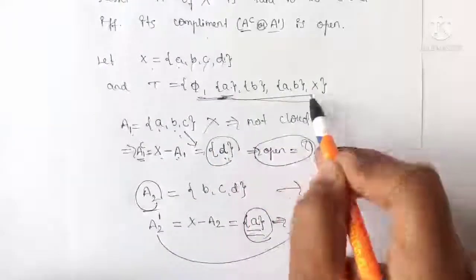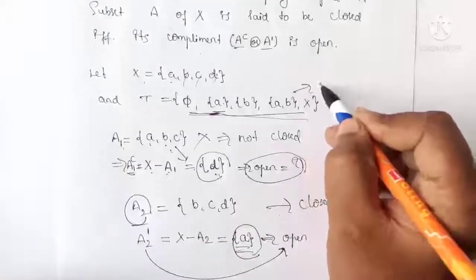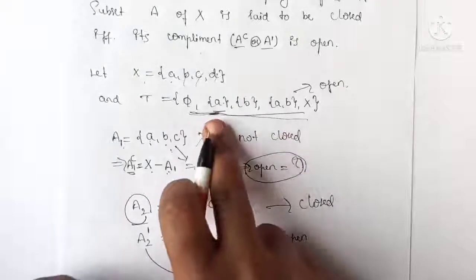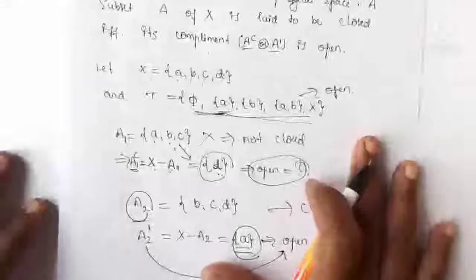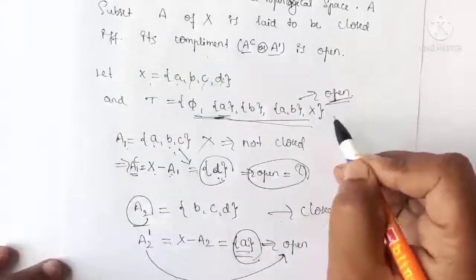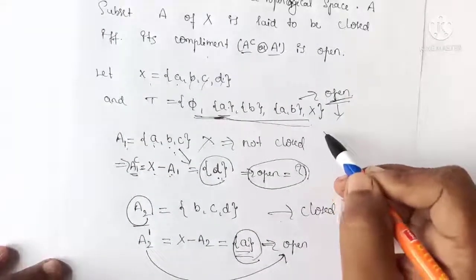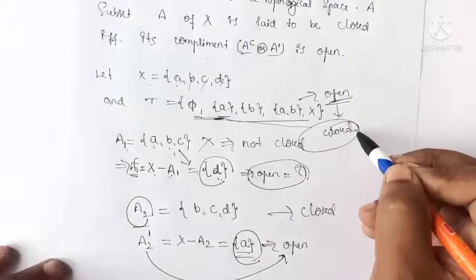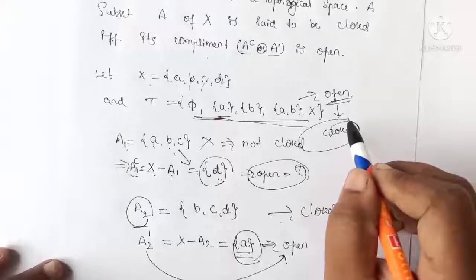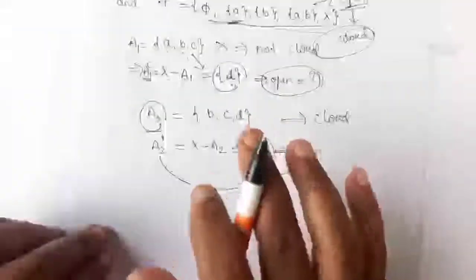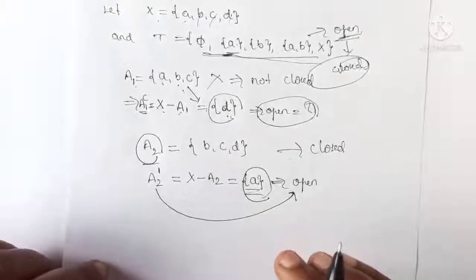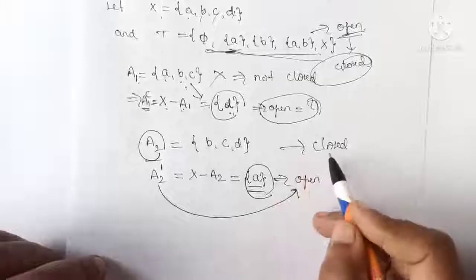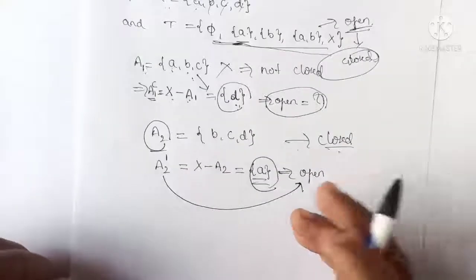You can observe that these are all open sets, so if you take their complements, those will be closed, because we know that the complement of a closed set is open. Therefore we can say that if the complement of a set is open, then it is called a closed set. Similarly you can take any other examples.